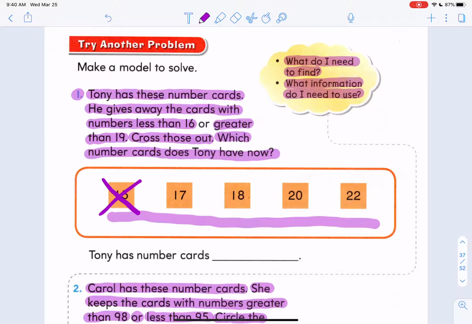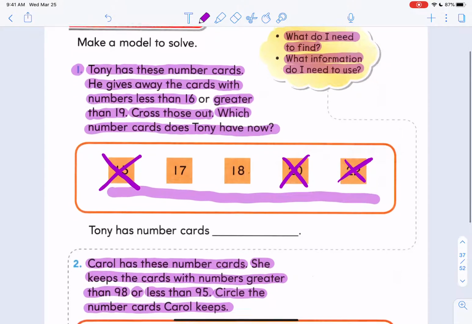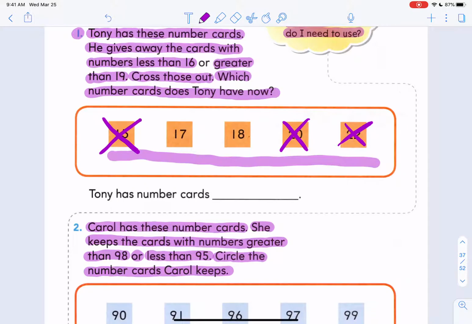And it says cross those out. Well, 17 and 18, that's not greater than 19. But 20 and 22, cross those out. So Tony has what number cards? He has 17 and 18. Did you get that right?